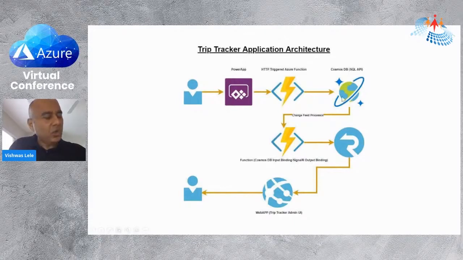Because we are writing to Cosmos DB, which is a geo-replicated database, if lots and lots of new drivers show up, it's really up to Cosmos DB to scale up and down. It's not our responsibility. And let's say we have to spin up this application in more than one region. We can have geo replication turned on. So we really have outsourced the underlying complexity of scalability and resilience.